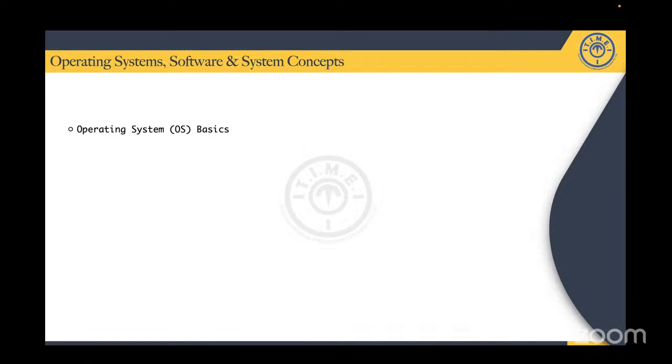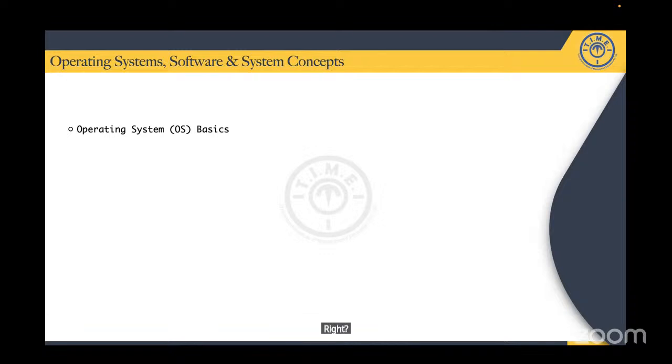In SSC and bank exams, 1 to 3 direct questions come from OS and software concepts. The first one is, what is an operating system? Let's clearly understand what an operating system does. The definition says, an operating system is an interface between the user and computer hardware.